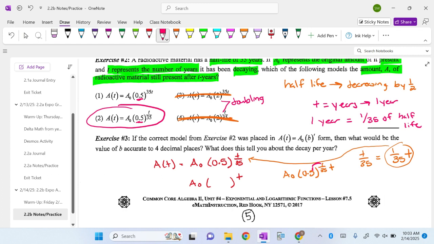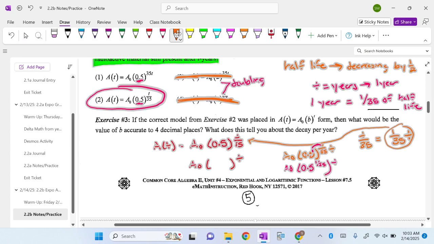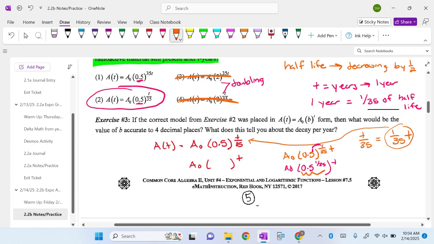So if 0.5 is raised to the 1 times 1 over 35, this now becomes 0.5 raised to the 1 over 35, raised to the T power on the outside. So this is just a number. If we put that in our calculator, we should get our actual rate of decay.